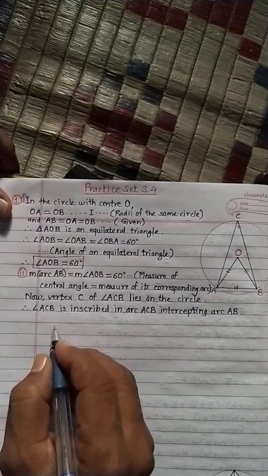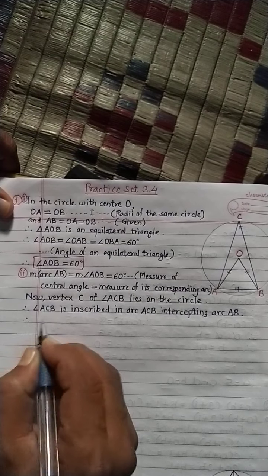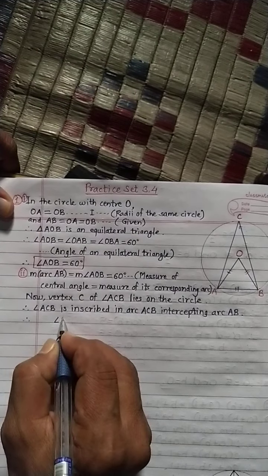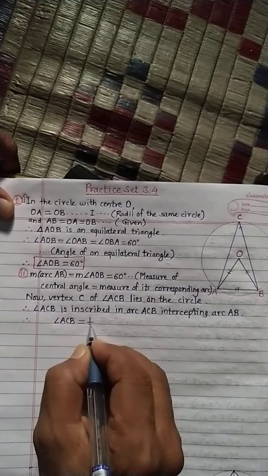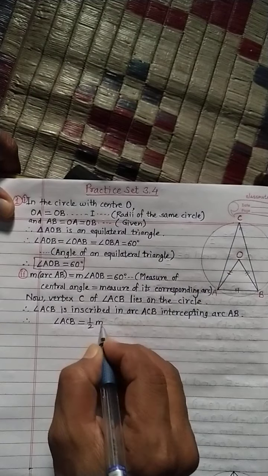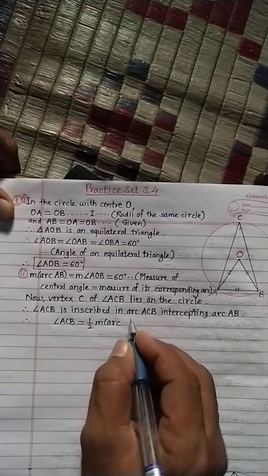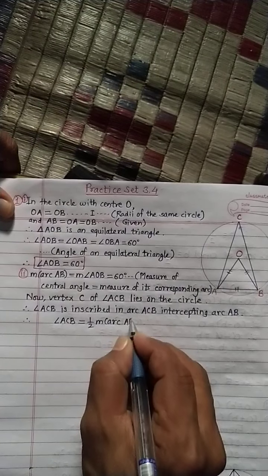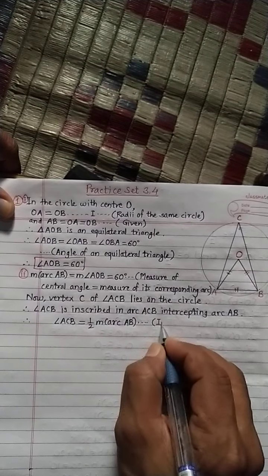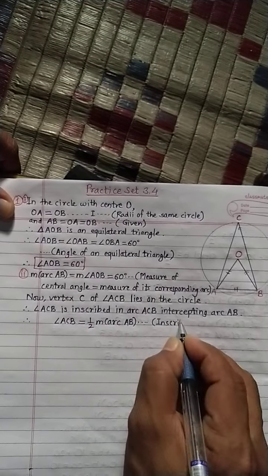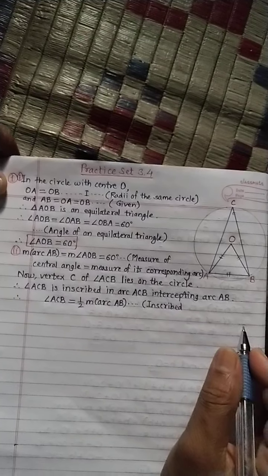Okay, so angle ACB is equal to half the measure of arc AB. Here the reason is the inscribed angle theorem.